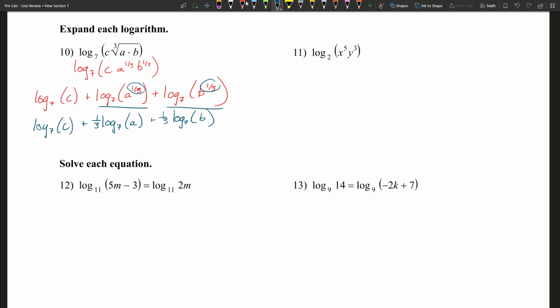And then number 11 is, in my opinion, actually a little bit easier. So we have the product of x to the fifth and y to the third. So we can rewrite this log as log base 2 of x to the fifth plus log base 2 of y cubed.